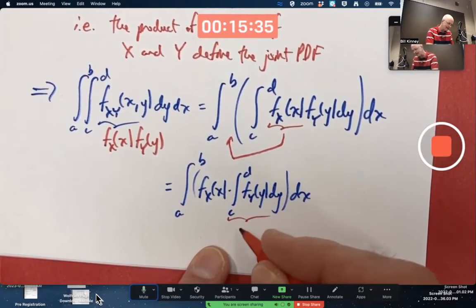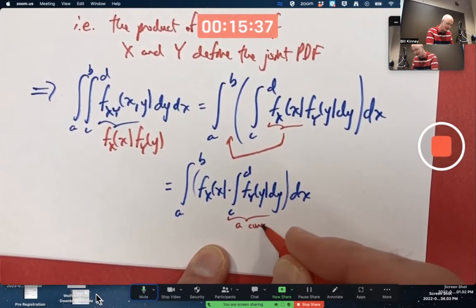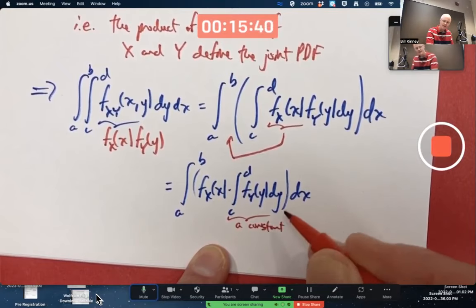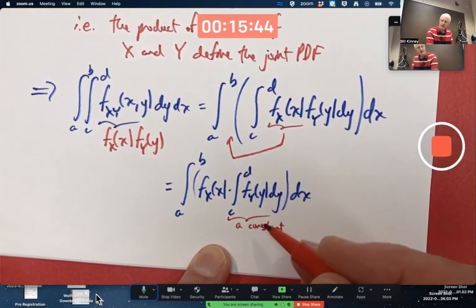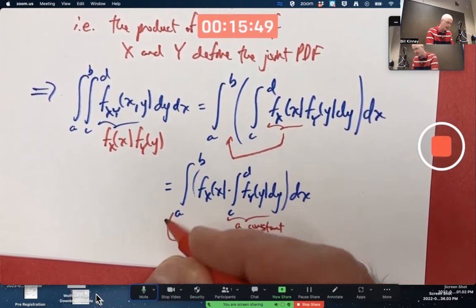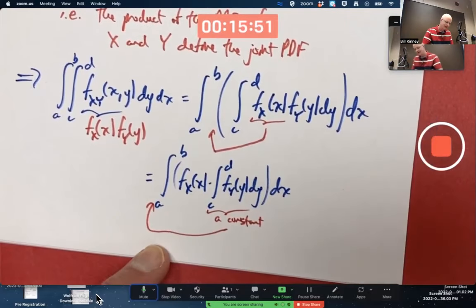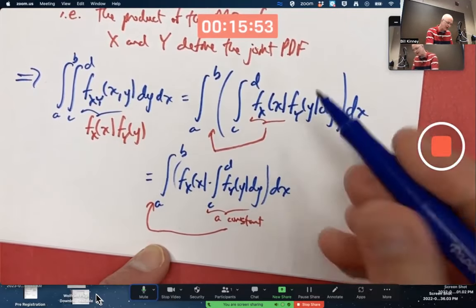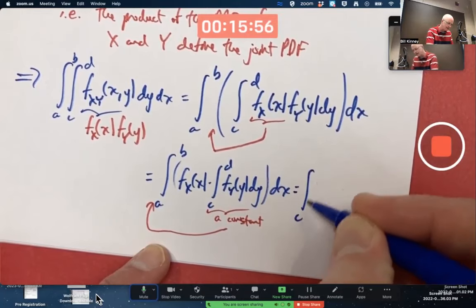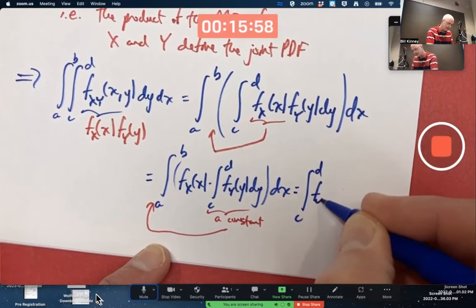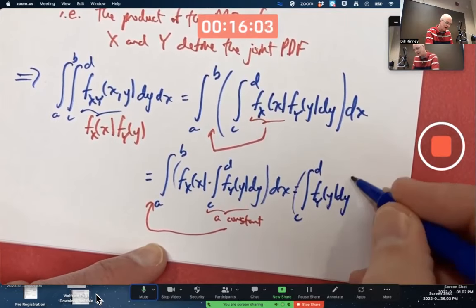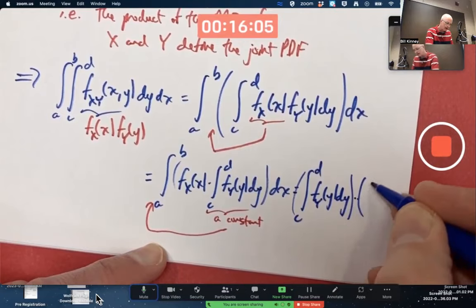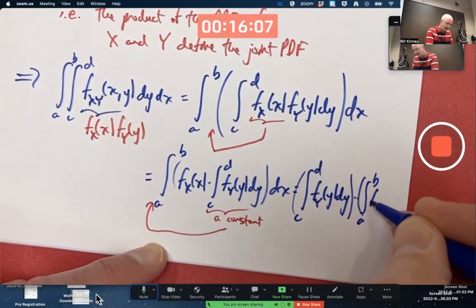It really is a constant, even though y is a variable, because I'm integrating a function of y with respect to y over a fixed interval. That whole thing can be brought out in front. And so what we end up with here is the product of two integrals: the integral of f_y of y times the integral of f_x of x.